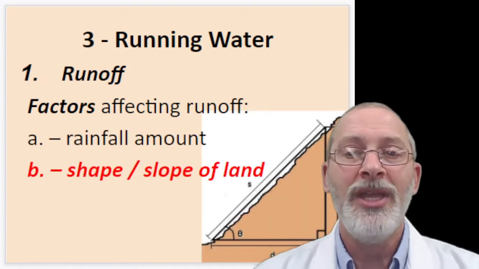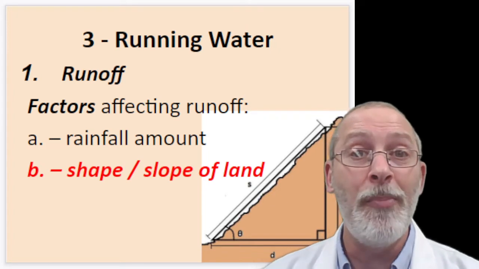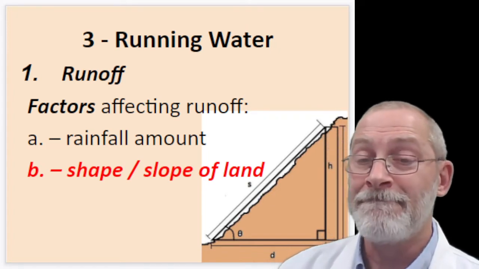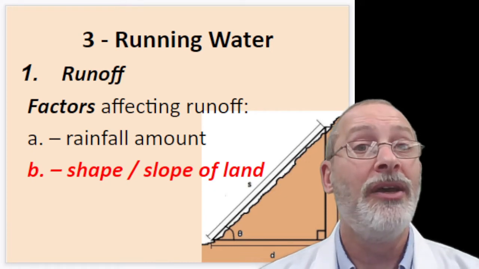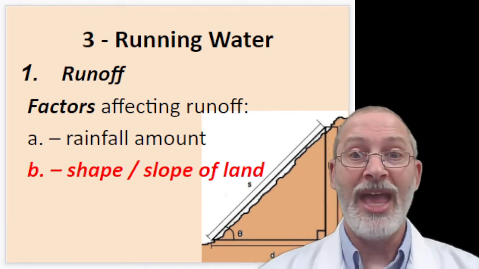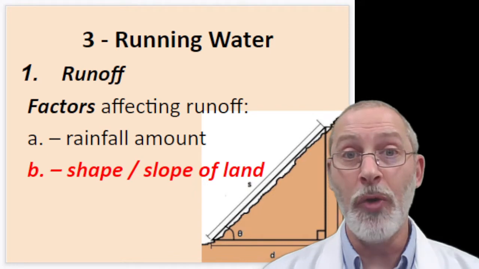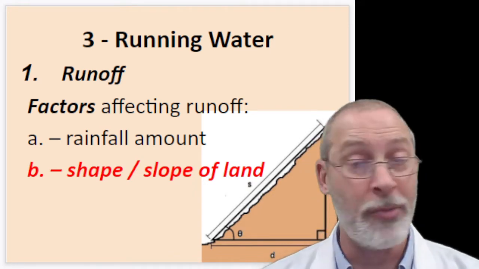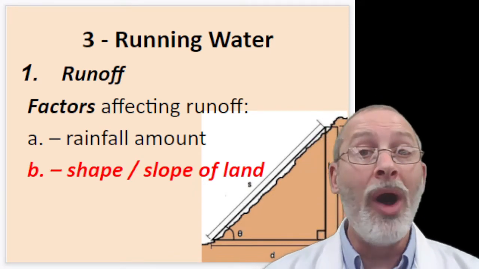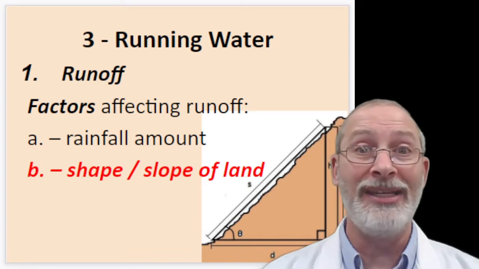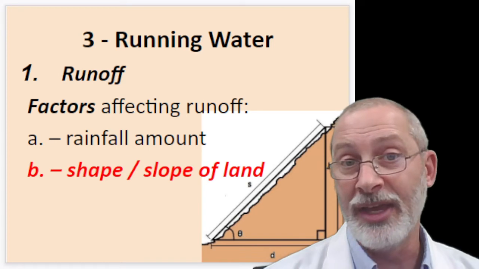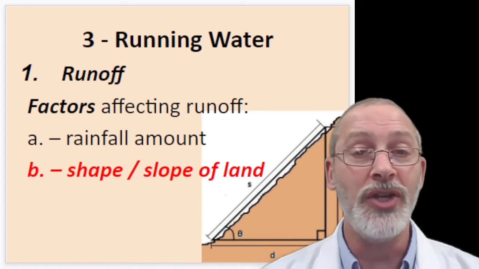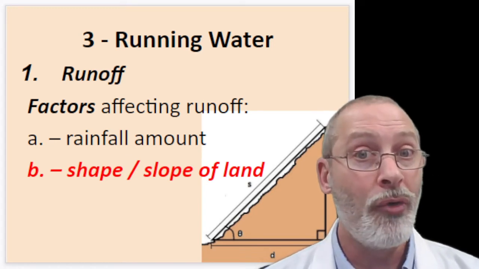Number two, the shape or the slope of the land. What do you think will experience greater runoff? A very shallow slope, a slope that's almost flat, or one that is inclined almost as much as a cliffside, a steep slope?